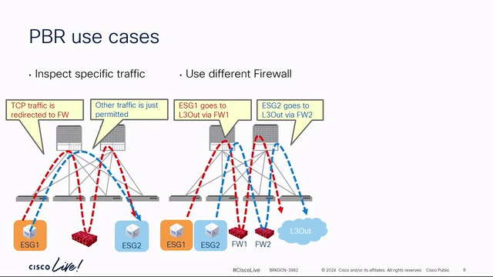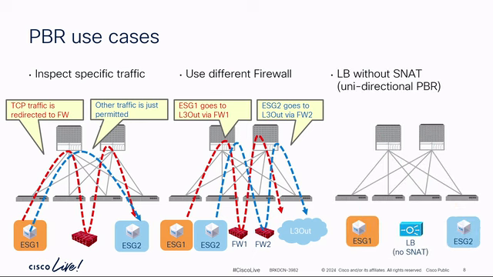I've been using firewall as an example. Most likely for firewall, you are going to use PBR for both incoming and return traffic. How about load balancer? For load balancer, it's most likely you are not going to enable PBR for incoming traffic because the client is going to send the traffic to the VIP owned by the load balancer. There's no need for redirection.